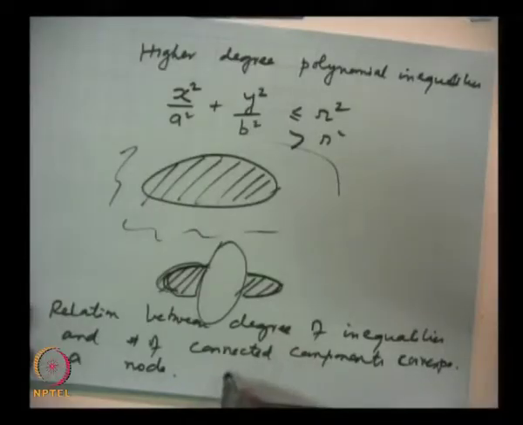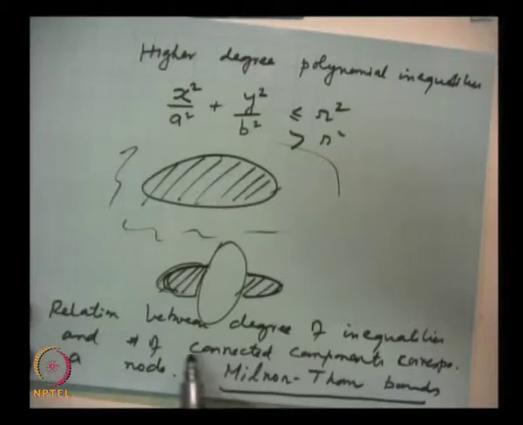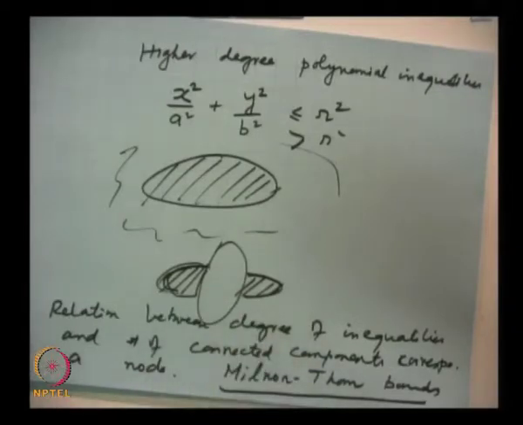Historically, it follows from what are called the Milnor-Thom bounds. They give you a handle on the number of connected components. If the degree is 2, then more or less what we said would hold, but it is not that simple. It kind of grows exponentially with dimensions.